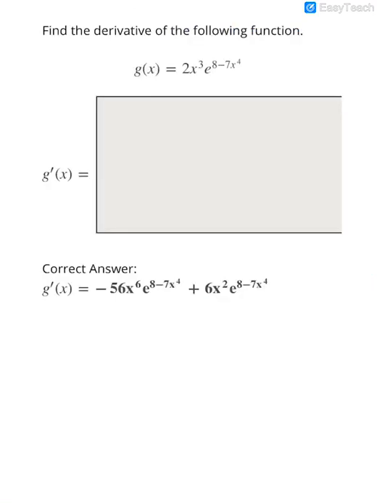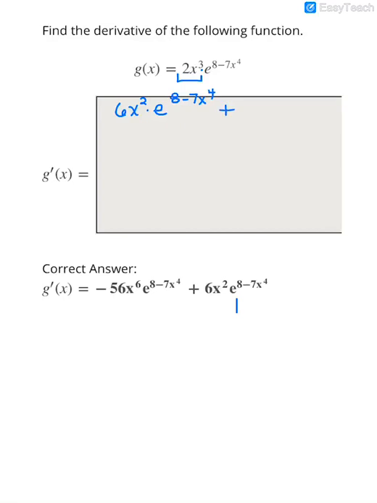Okay, final problem. I'm looking for a first derivative. On this, notice I'll have to do a product rule because I see two terms that are being multiplied. So remember that with the product rule, we'll take the derivative of this first term, so that will be 6x squared, and that is multiplied by the second term, which is e to the power of 8 minus 7x to the fourth.